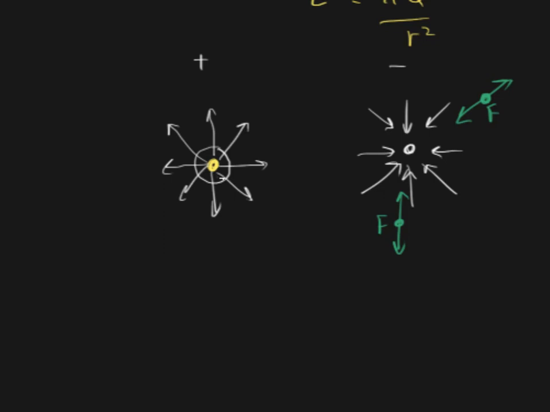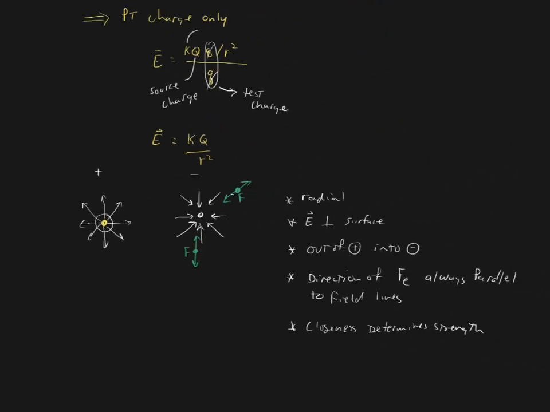And so that should make sense. And then when you get further away, these lines get spaced out more and more so that the field weakens. And the last thing I want to mention is that positive charges move in the direction of E, or in the direction of the field line, and negative charges do just the opposite.